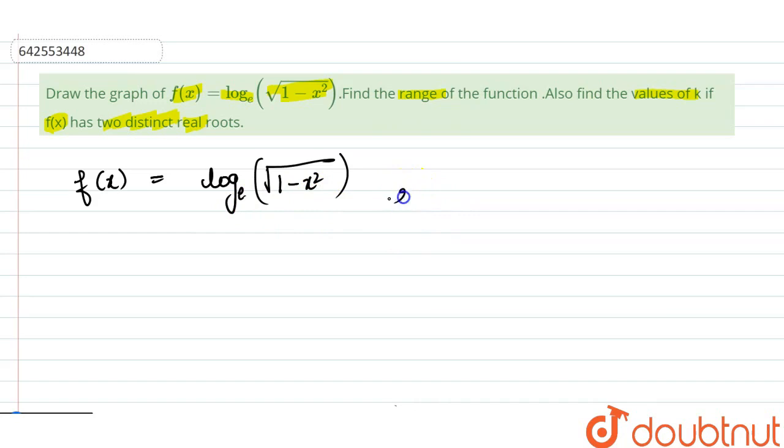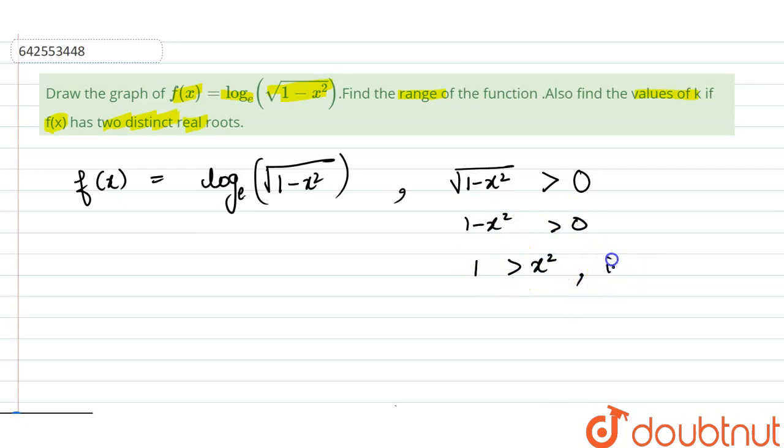Now we can find out the domain for this function, because we know log function is defined only for positive values. That means under root 1 minus x square should be strictly greater than 0. That means 1 minus x square is greater than 0 and 1 is greater than x square.